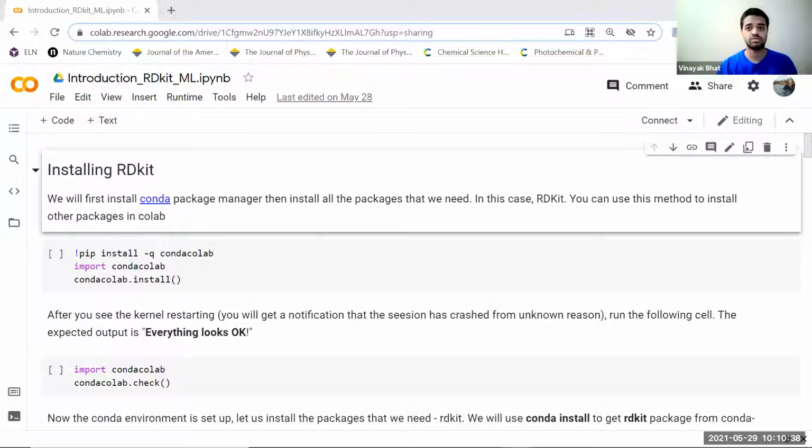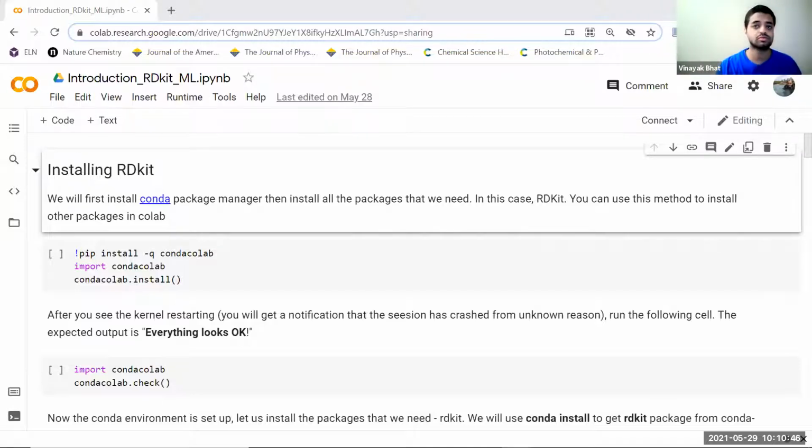And let me share screen. Can you guys see my screen with the RDKit notebook open?